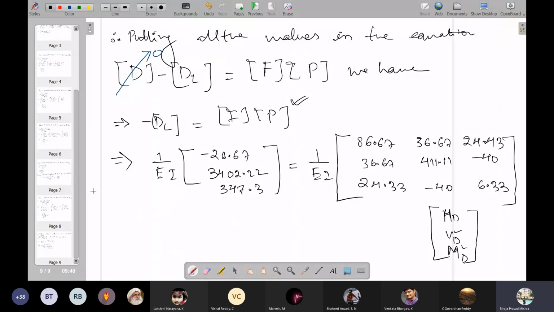Please find the values of HD, VD and MD. So make the inverse and find the value of HD, VD, and MD.